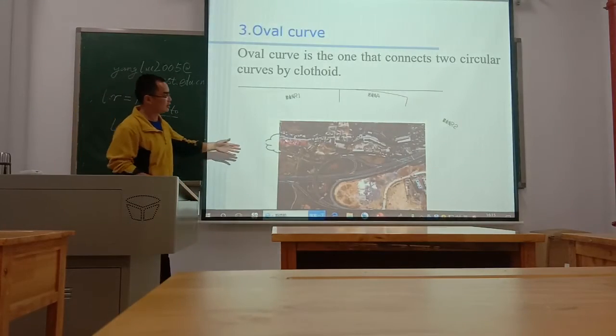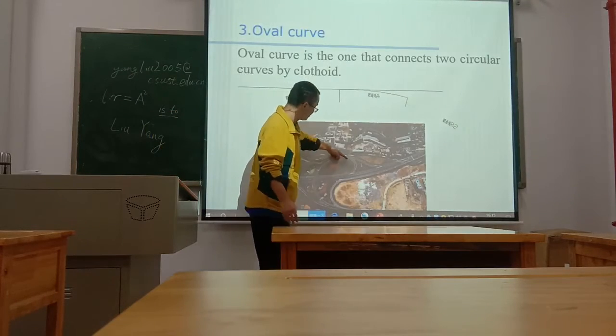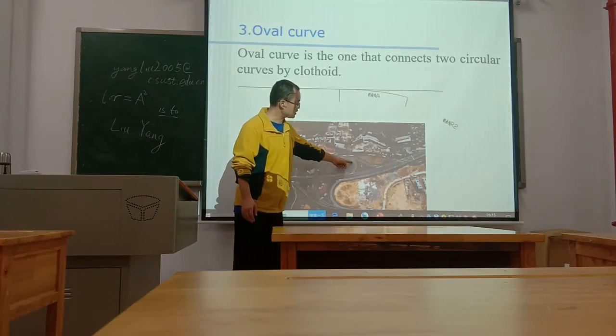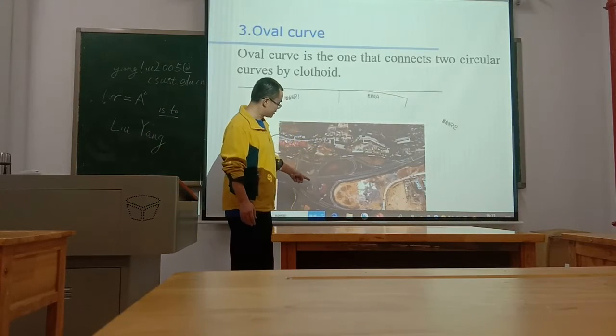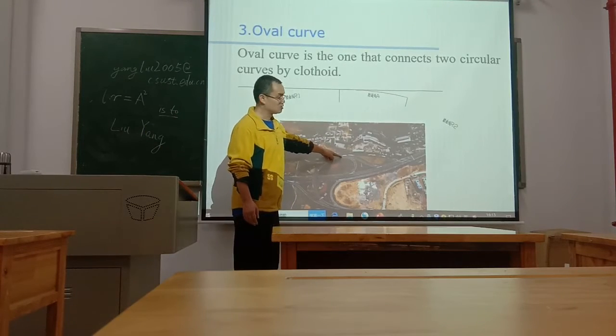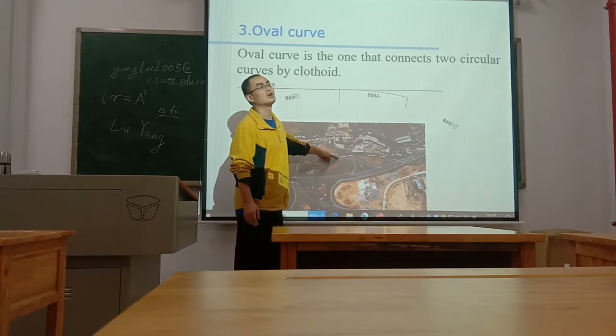Okay, this is circular curve 1, circular curve 2. This is the clothoid.